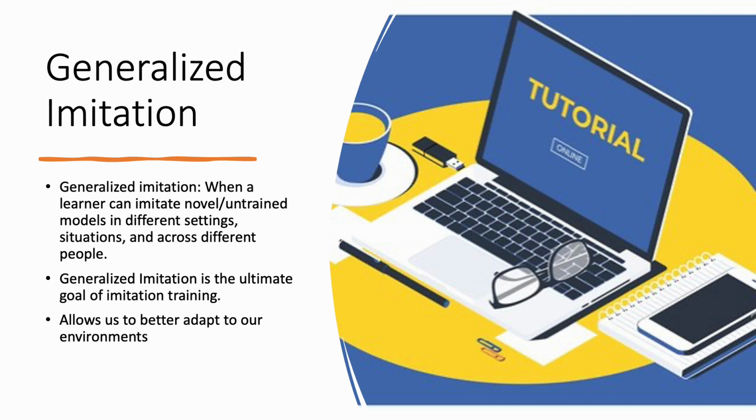So when I'm working with a client and I want to see what my client's abilities are, really what I'm searching for is I want to see if this person has a generalized imitative repertoire. So I'll go in there and I'll sit with my client and I'll just do a bunch of usually silly things that just don't make sense, and I'll ask them to copy me.